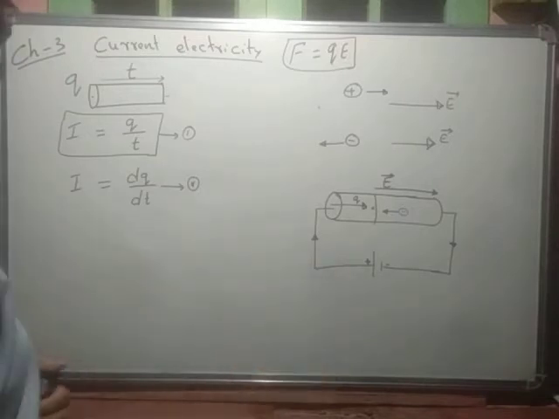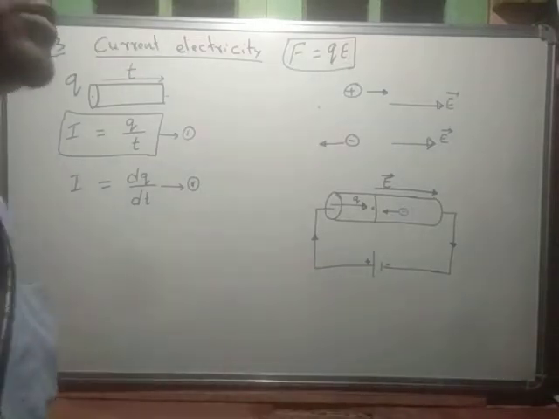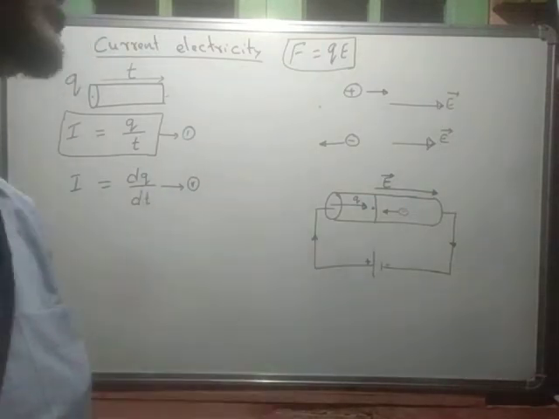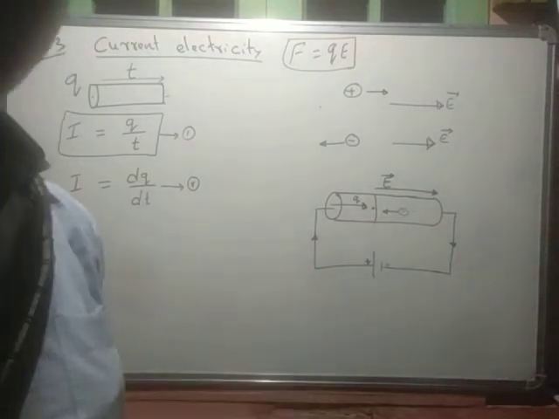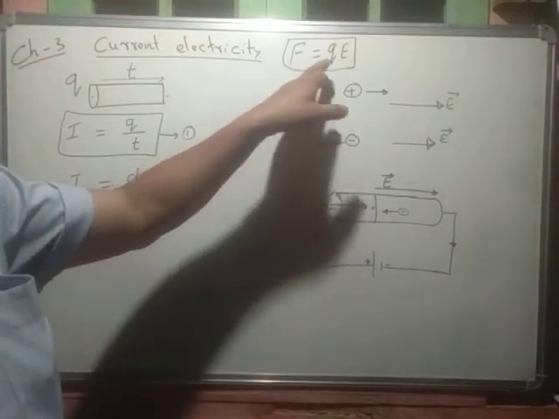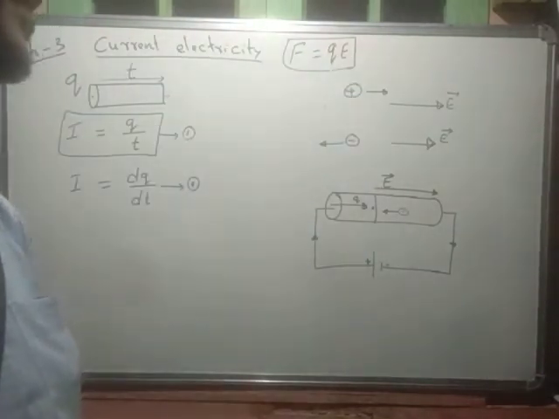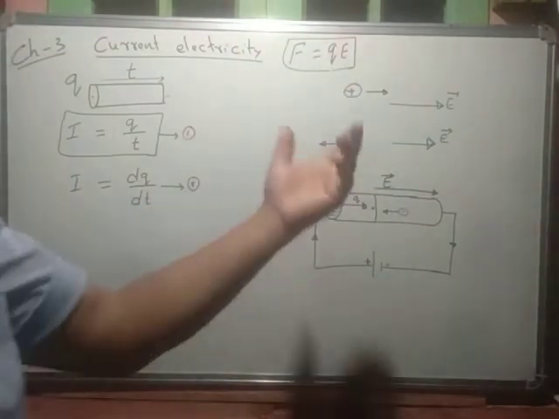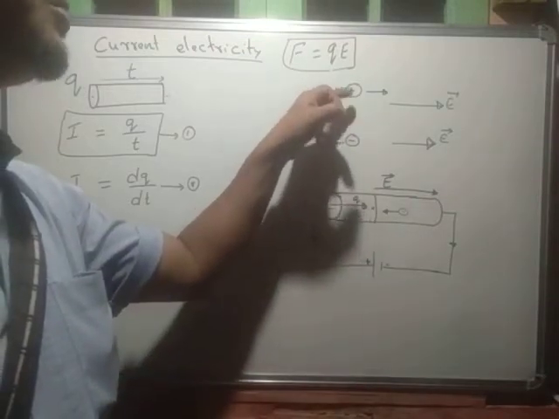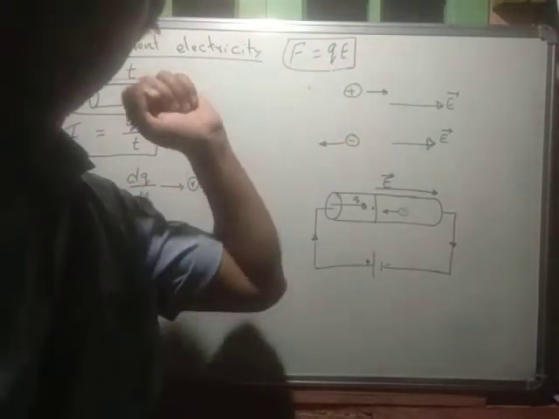So when a charge is placed under the action of an electric field, the charge will experience an electric force, which is given as F equals QE, where Q is the charge and E is the electric field. If the charge is positive, the direction of motion of the charge will be along the direction of the electric field.